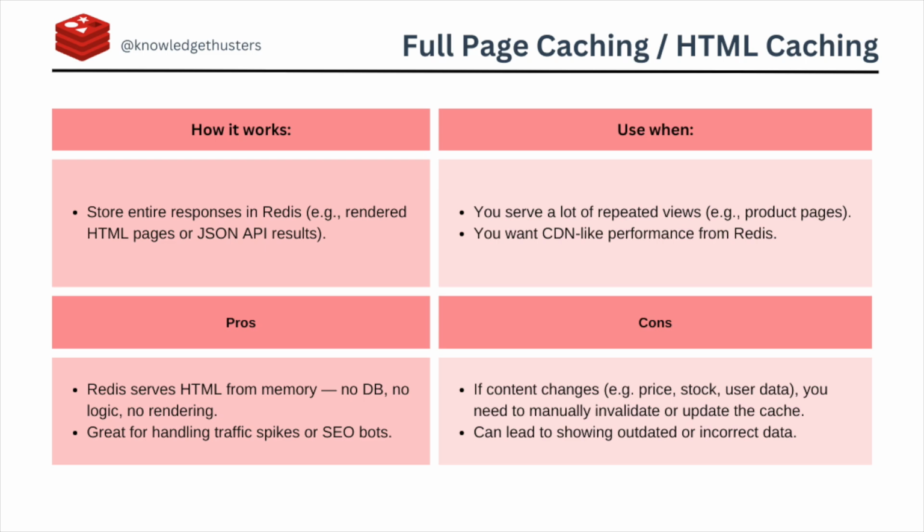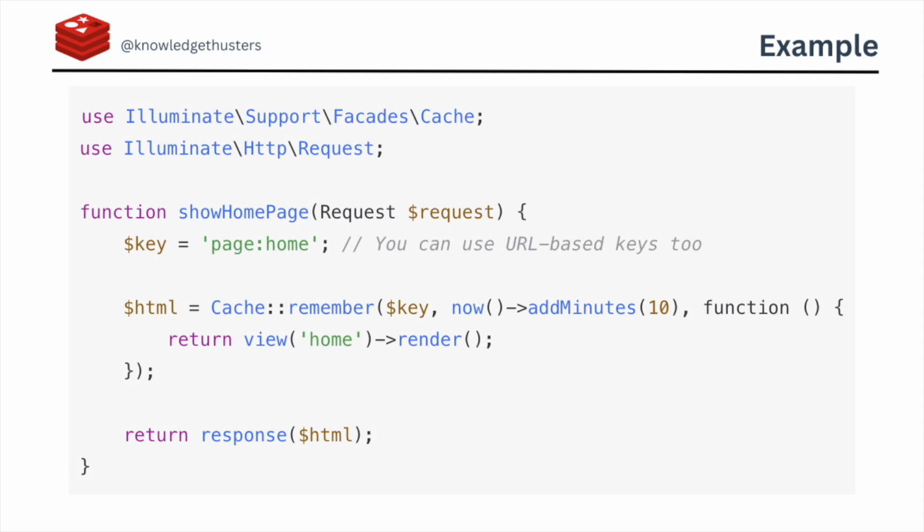But if the content changes, there is a con, because then you need to update that HTML cache and reset it again. In the example, I have a key; I pass, let's say, page home, and the complete home view is rendered and stored in the cache, and that cached page is returned.